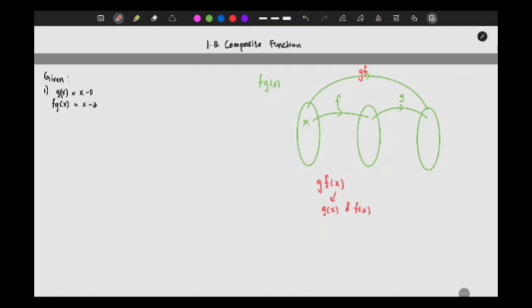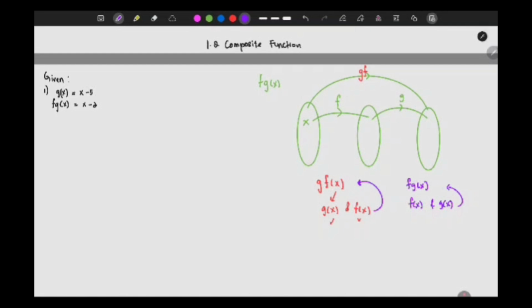And we use these two pieces of info to find out the GFX, or sometimes FGX. As long as you have the FX and the GX, you're able to find the GFX or FGX.